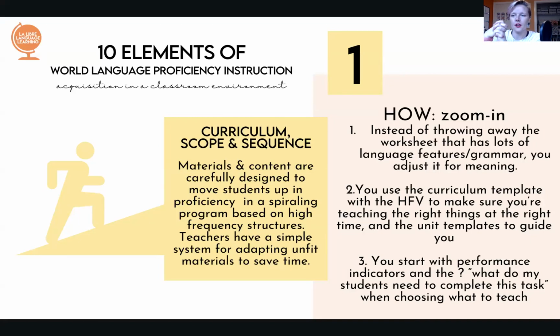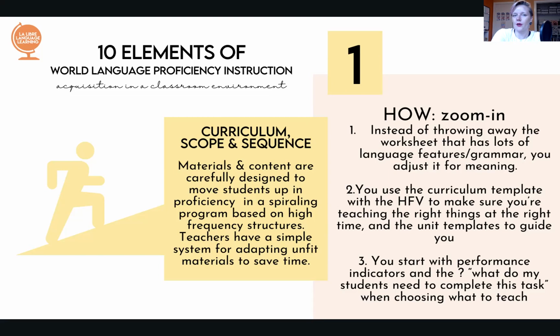So let's give a tiny overview on curriculum, scope, and sequence today. For this first important, crucial element, the reason that this is first is because this is the majority of what your students understand and see about how you see the world. What you present to them and what you put in front of them as important is what they will understand to be important as well.